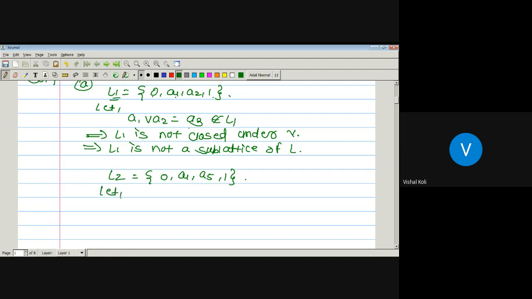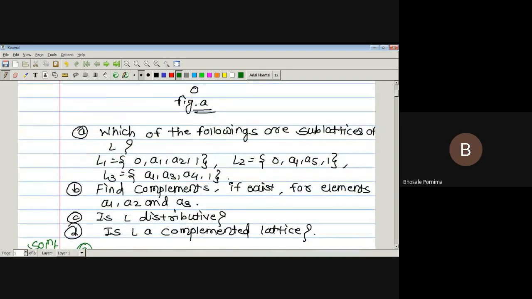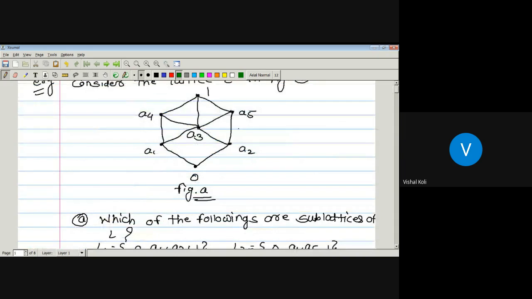So let A1 join A5. From the diagram, what is the A1 join A5? 1. Yes, and having meet 0.